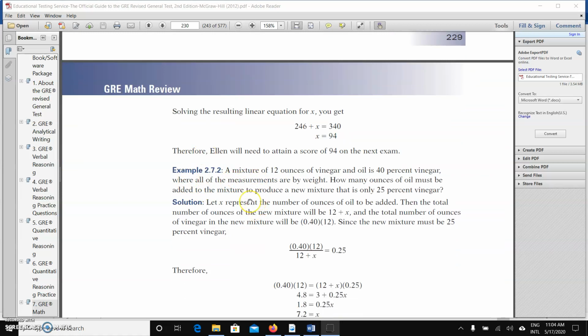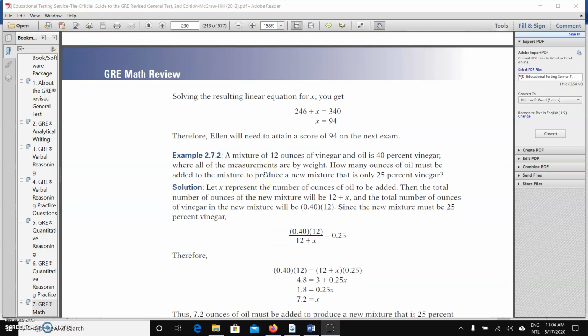Now, a mixture of 12 ounces of vinegar and oil is 40% vinegar. The mixture gives this, where all the measurements are by weight.